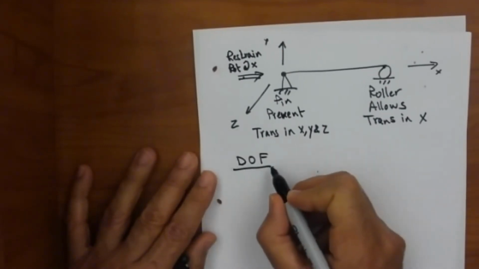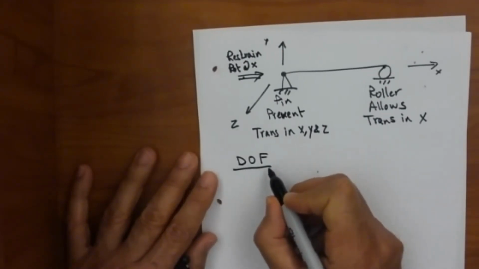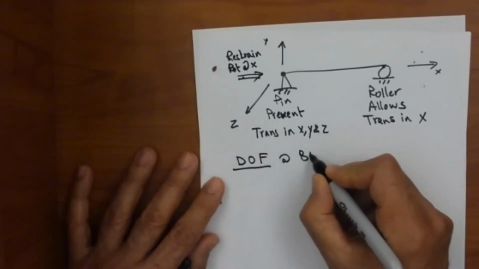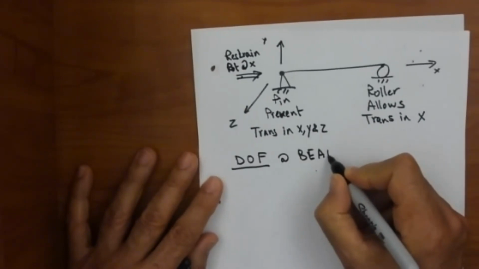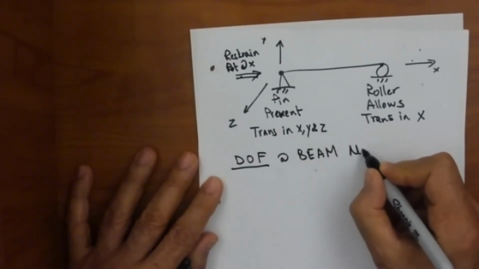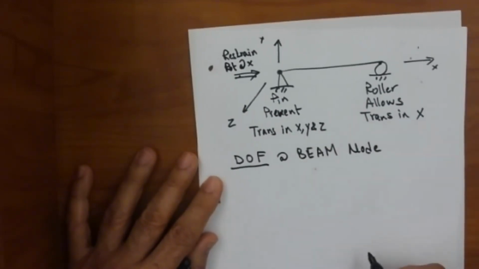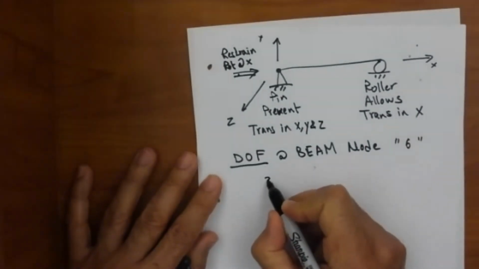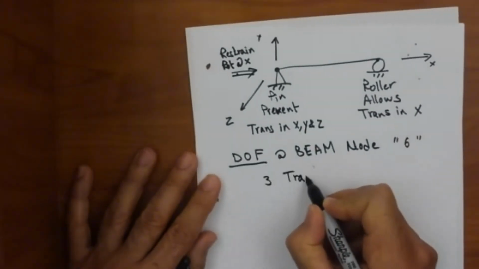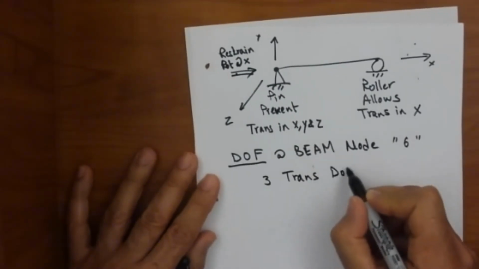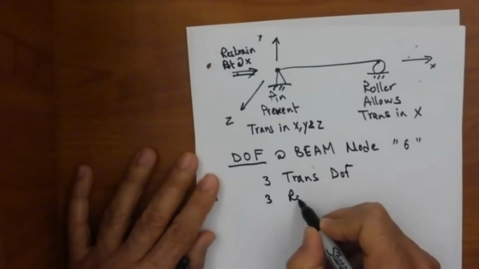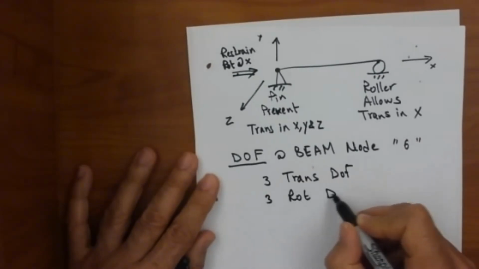So at a beam node we have 6, namely 3 translational degrees of freedom and 3 rotational degrees of freedom.